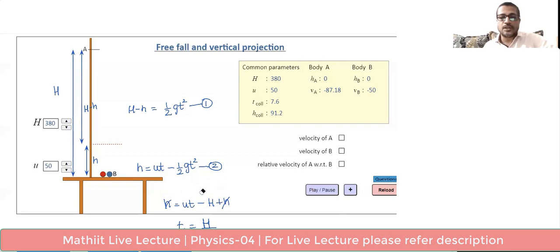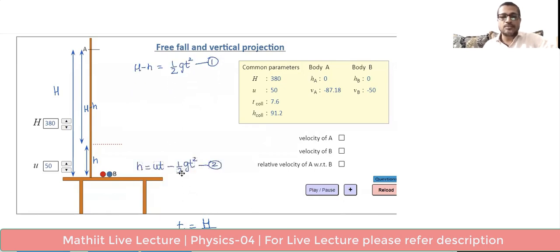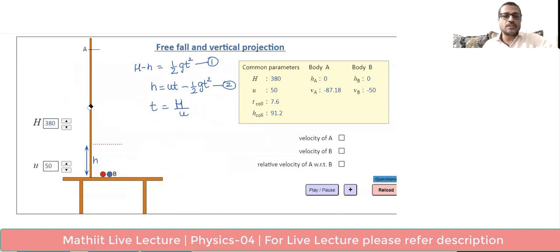This equation is okay. All these equations were simplification. So basically, our most important equations were this one, and then using S is equal to UT plus half at square for body B, and using these two equations, getting time T. These were the 3 most important equations. So let us remove all this.